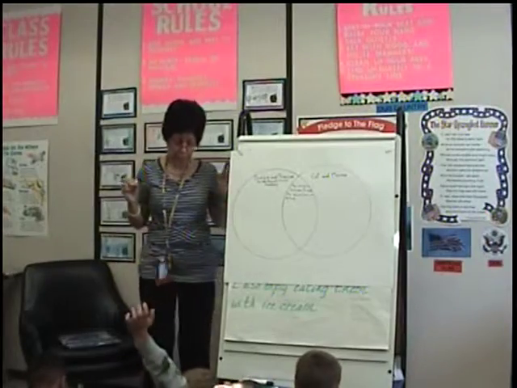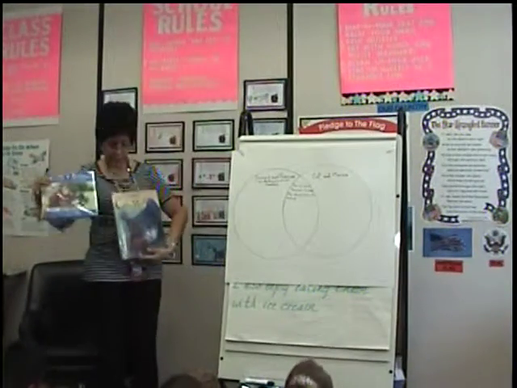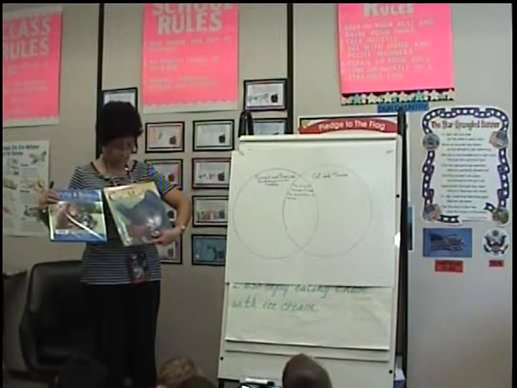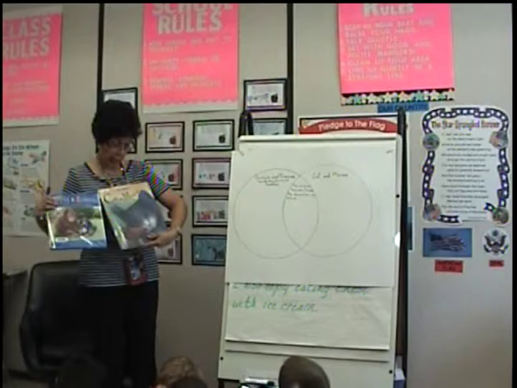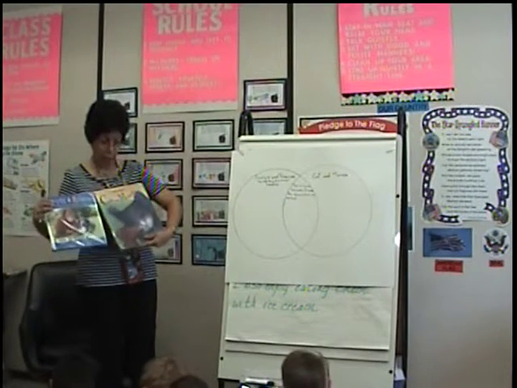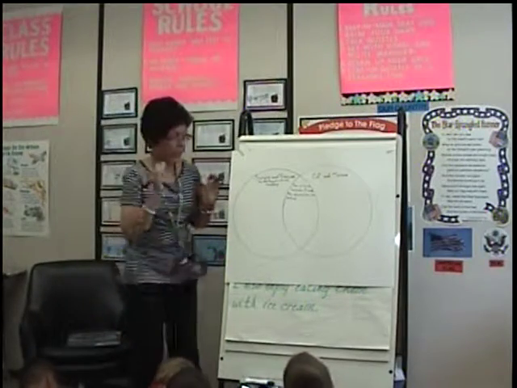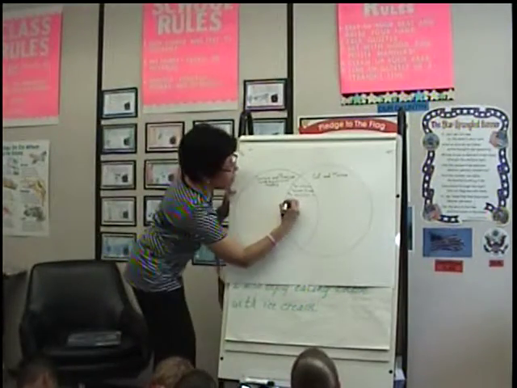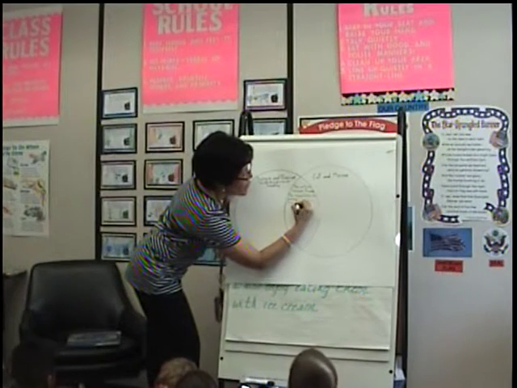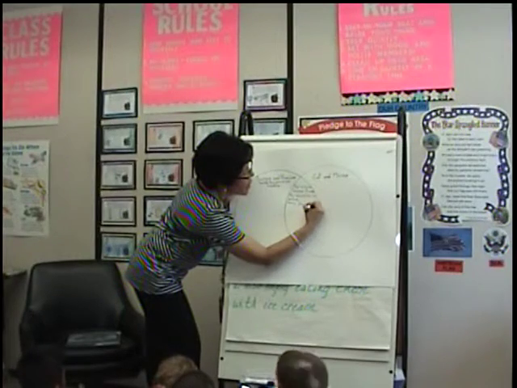Excellent, Jacob. Good. What else, Cole? In both stories, Roscoe and the cat are both black. In both stories, some characters have the same fur color, right? Same color. Okay, anything else? What else?